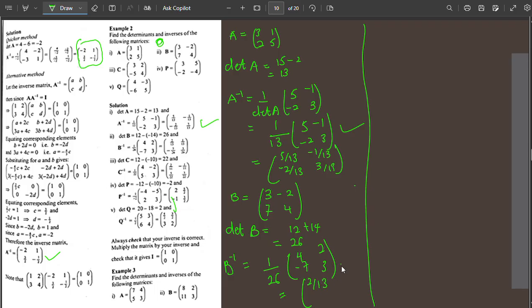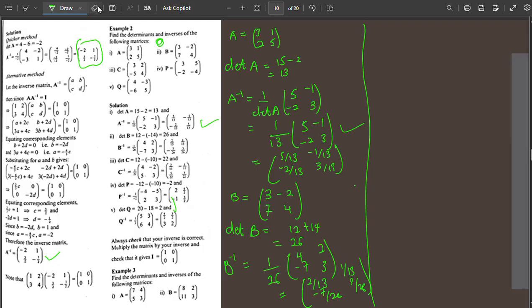Then the next one will be 1 over 13, then minus 7 over 26, and finally 3 over 26, which is so simple. That is how we find the inverse of it.